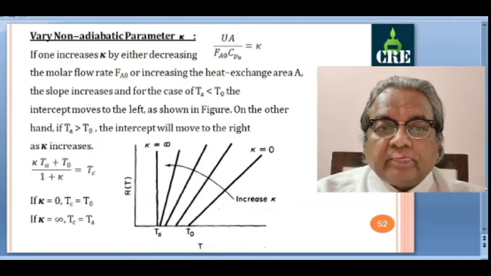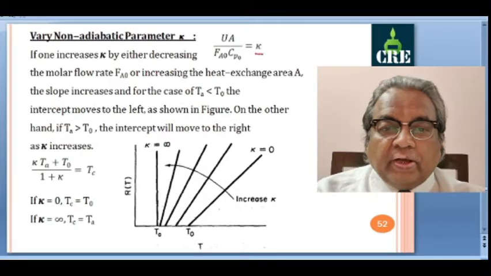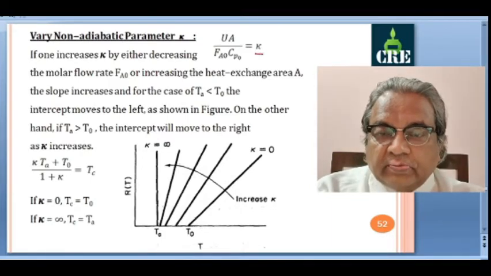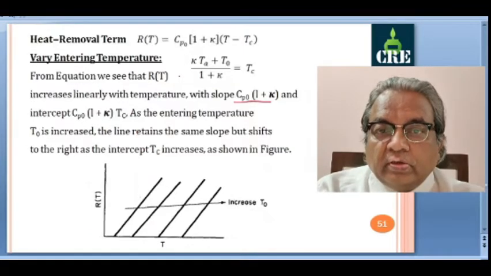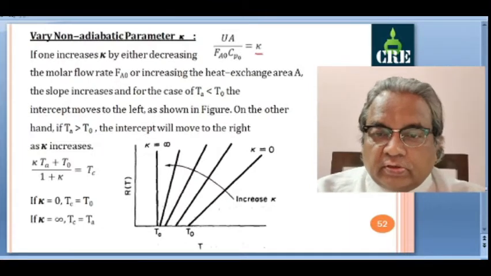If you vary any of these parameters, that is, you decrease the molar flow rate FA0 or increase the heat exchanger area so that kappa increases, then the slope changes. Here the slope is Cp0 into 1 plus kappa, and Cp0 is constant.